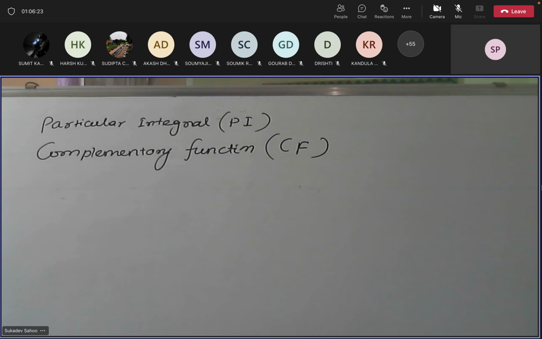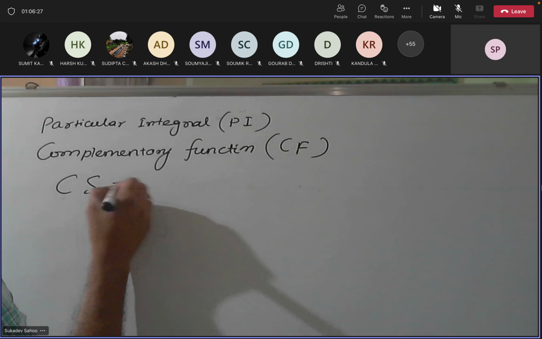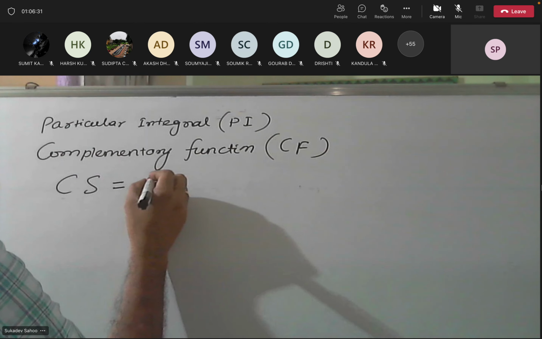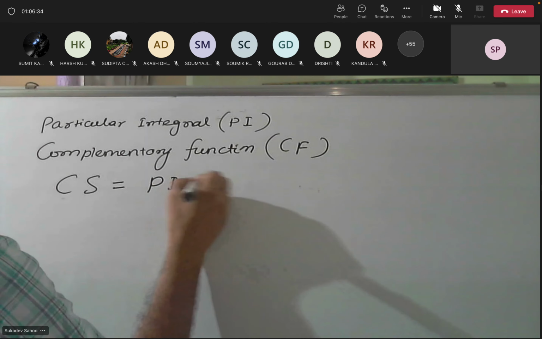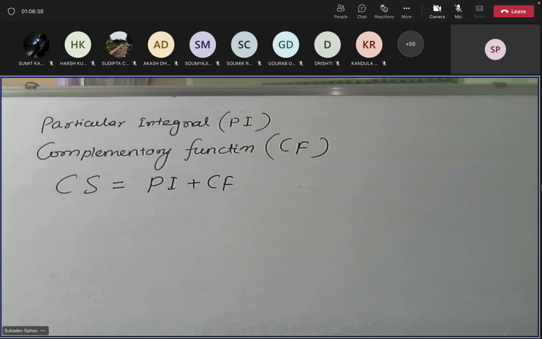So we can write the complete solution CS as the superposition of PI and CF, particular integral and complementary function. Now we will determine them one by one and finally we will get the general solution.